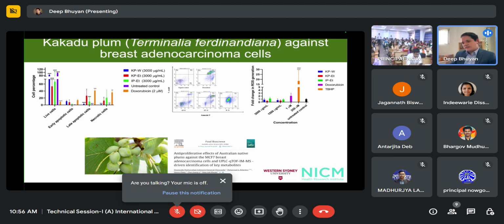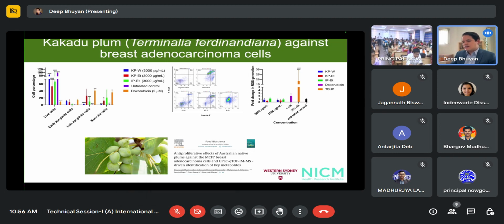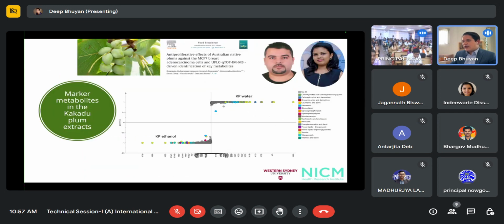So what we saw is that using this fruit extract did not increase the oxidative stress in those cancer cell lines, which is a good indication that they are working at a molecular level, not just on the surface. So we were able to identify a number of metabolites or secondary metabolites, I would say, which are also essentially the antioxidants like triterpenoids and tannins and polyphenols in those extracts. So feel free to read that paper if you're interested.